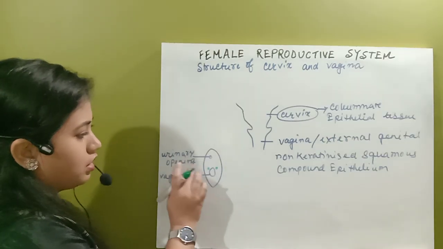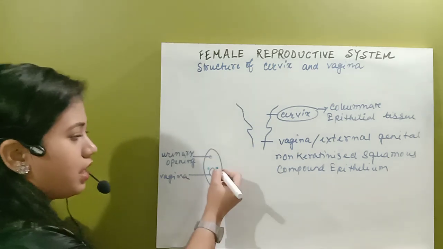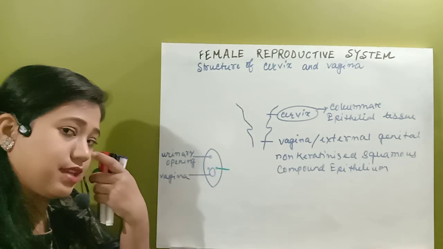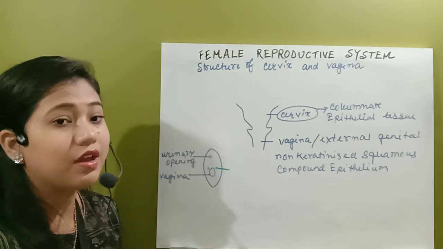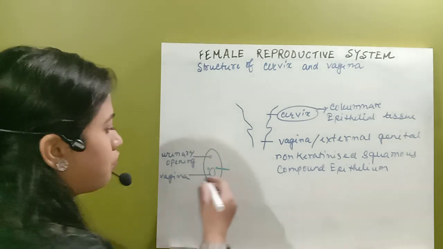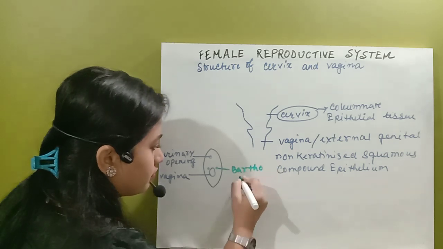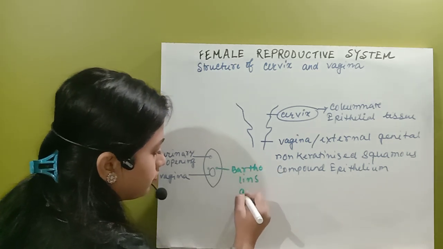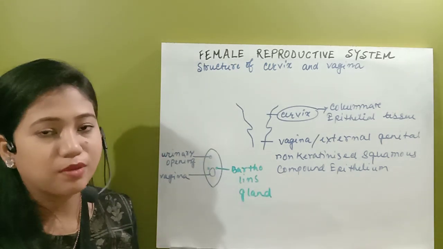So here the urinary opening and vagina are present separately, and here we have a gland. As I already told you, the female reproductive system's secondary sex organs include some glands. So here one gland is present that is known as Bartholin's gland. This Bartholin's gland is very important.